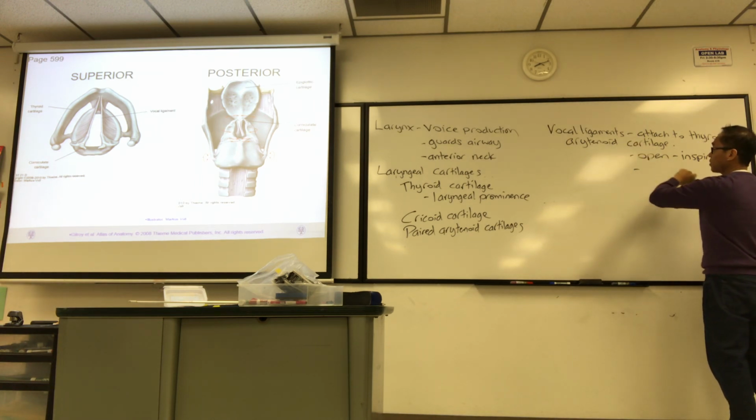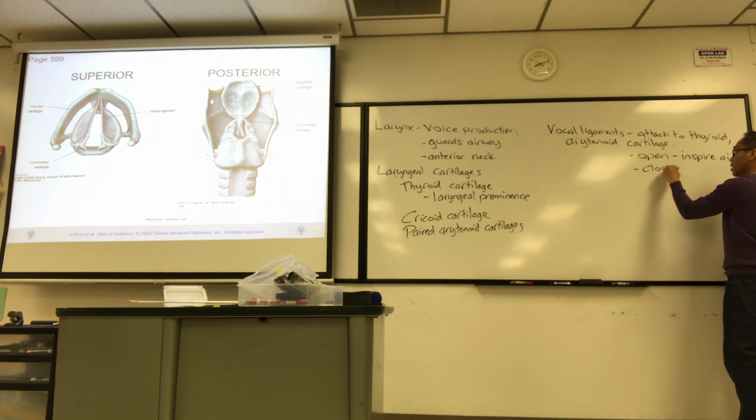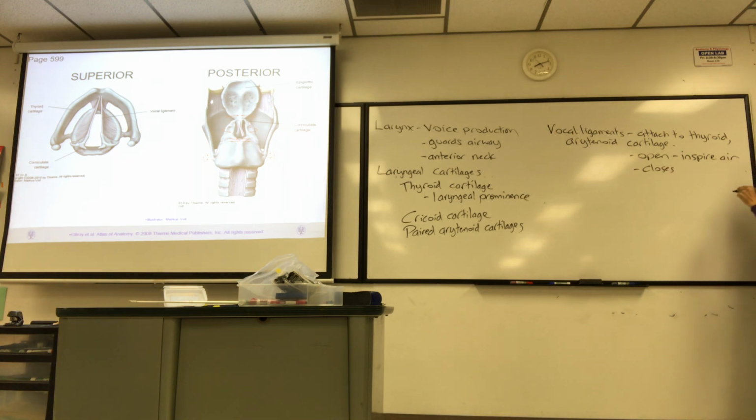When that space between the vocal ligaments closes, that's usually when you take a breath out, and that's how you force air to whistle through this slit when they close, and that produces speech. Expire, and speak. So they open and close, and anyways, the space between vocal ligaments is called the glottis.